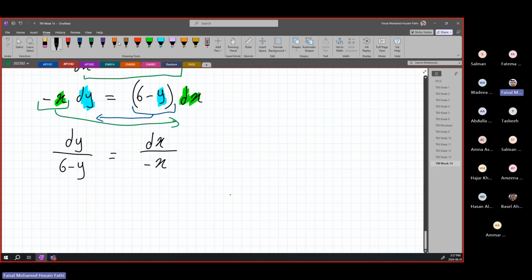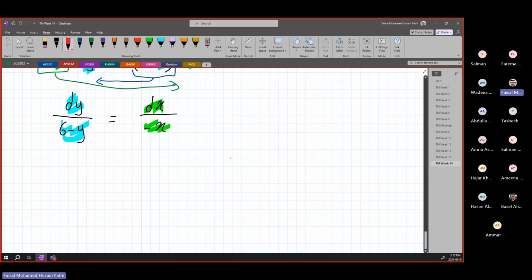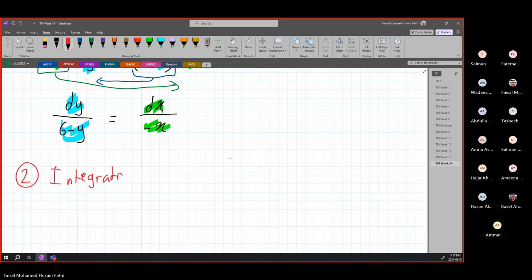Now we have our dx's and dy's together. So dx and x is together, and our y and y are together. The last step would be integration of both sides.